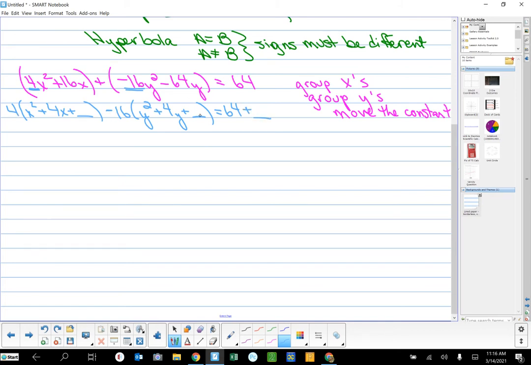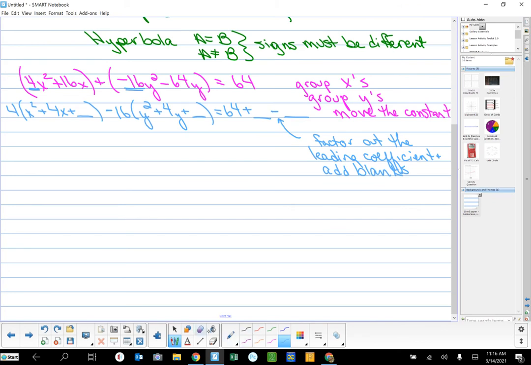Now this one is actually going to be minus a blank, right? Because we're taking a negative 16 and multiplying it by that blank. So this sign is the only thing that's different in this one. So this step is you're factoring out the leading coefficient and adding blanks.